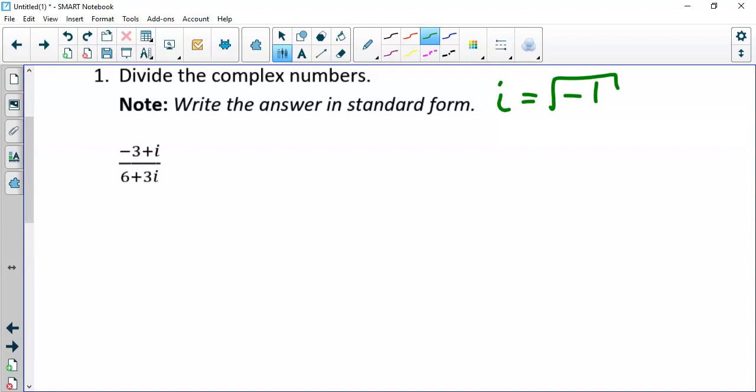Notice it's addition in the denominator. So what do you think you're going to use? Subtraction. Yes, conjugates, what we just talked about. It's another conjugate problem. And because we got i's, we call these complex conjugates.